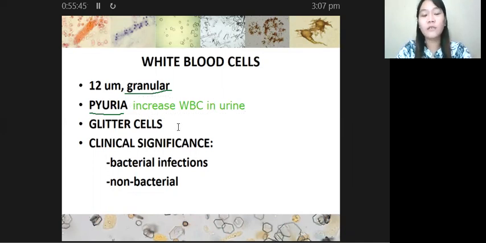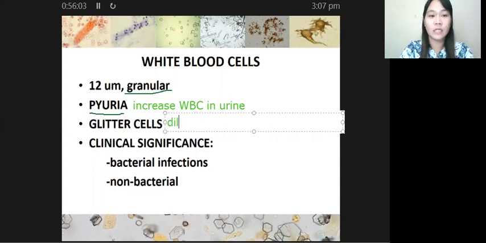For the term glitter cells, this is utilized to refer to WBCs that are present in dilute.